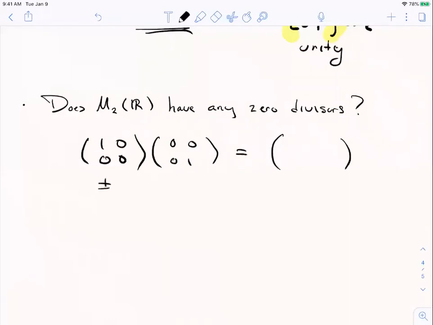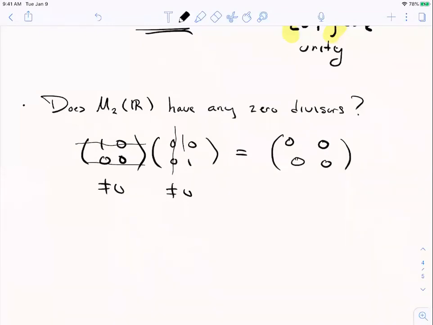Neither one of the matrices I just wrote down is 0, because they don't have all 0 entries. But if you multiply these two matrices, if you do the row dot column, well, that column is 0, so this whole row will be 0. And then when you do row dot column, this whole row is 0, so both columns will be 0. So you can check that out. Yeah, that ring has zero divisors.